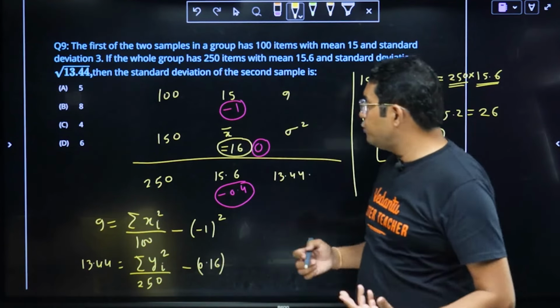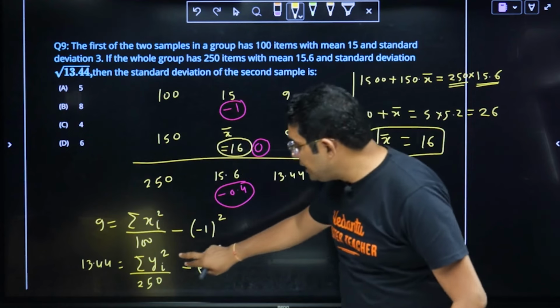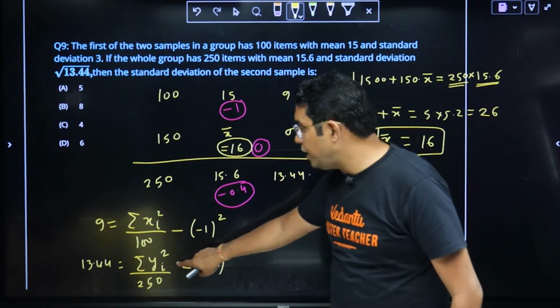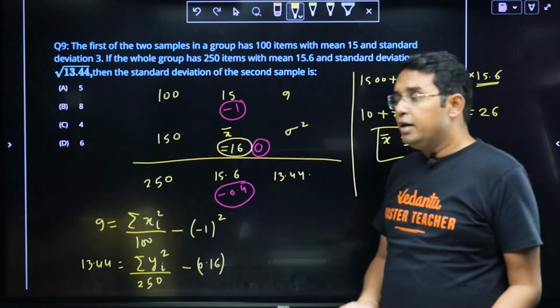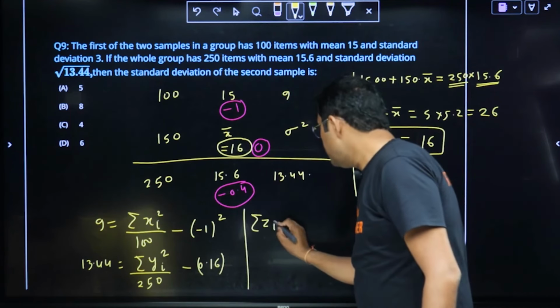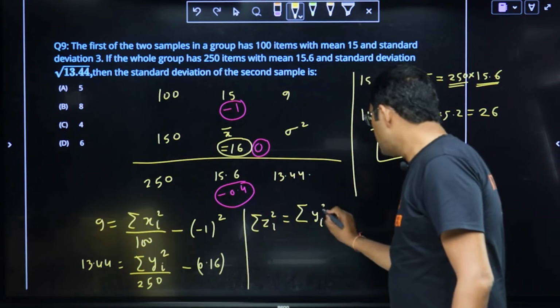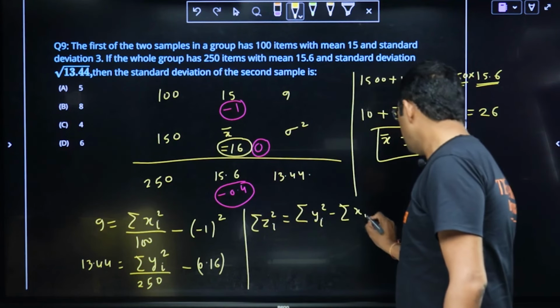Now if I have to find the sum of squares of the data set of this 150, I will subtract sigma xi square from sigma yi square. Let me write it as sigma zi square, which will be equal to sigma yi square minus sigma xi square.